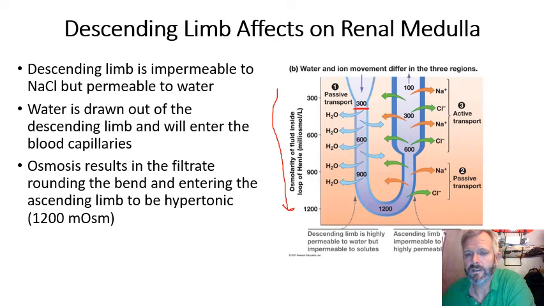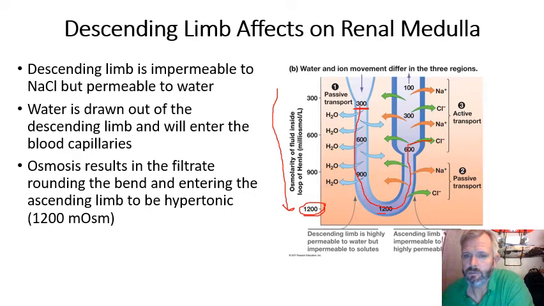Water's leaving and the solutes become highly concentrated. Okay, the filtrate becomes concentrated. As it moves up, remember the ascending limb is not permeable to water, but it's going to actively transport out solutes. And so now solutes are leaving, but water is not. So this is what helps maintain this gradient through here.